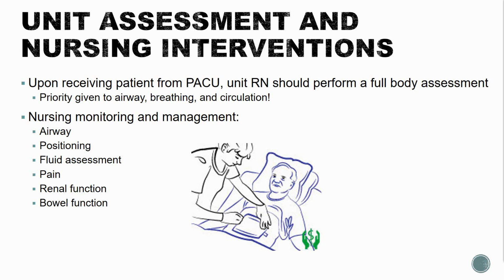Keep in mind that during the post-op period, all patients remain at risk for pneumonia, shock, cardiac arrest, respiratory arrest, DVTs, and GI bleeding. So there are some specific interventions and assessments that we want to do. For airway, we're going to monitor their SATs, assist with coughing and deep breathing, and we want to encourage use of their incentive spirometer every 2 hours.